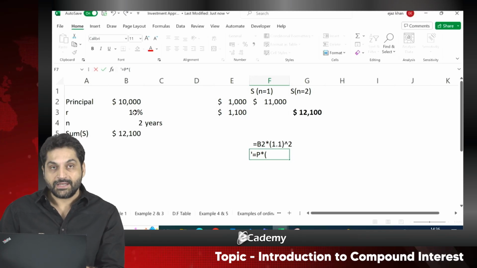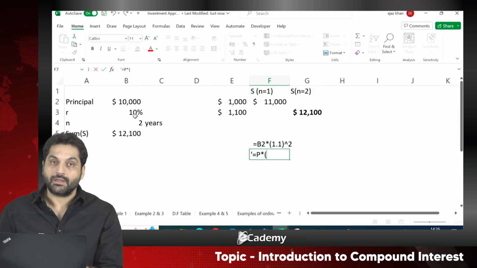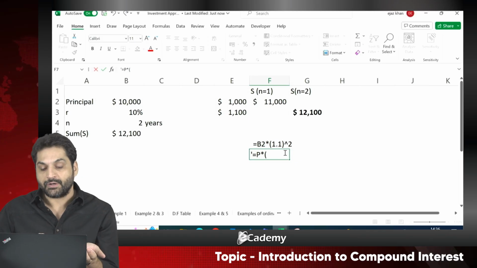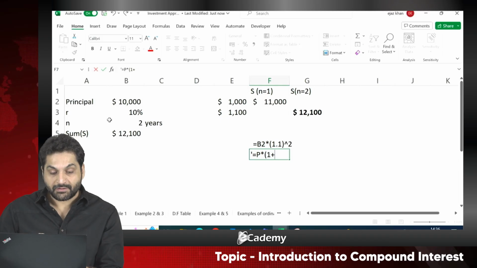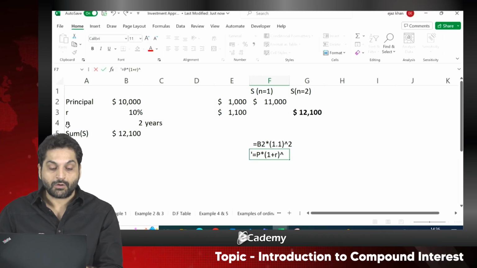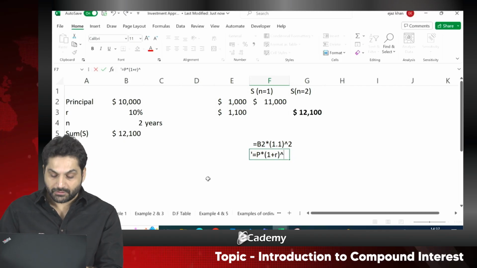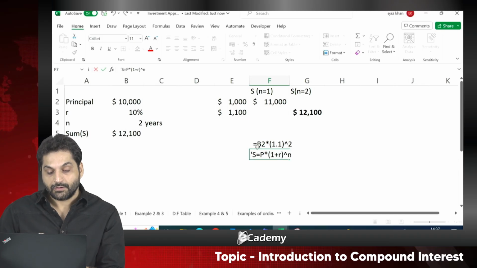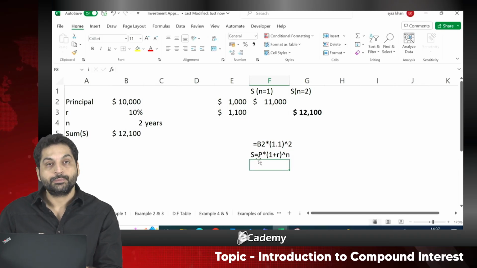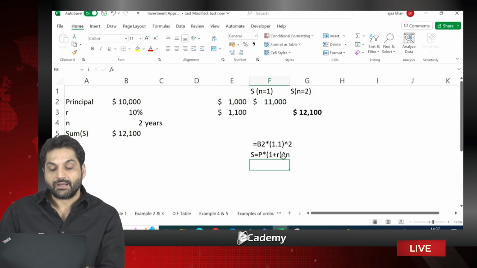So we have added 1 and r together to get the 1.1 figure. So if it was 20%, I would have multiplied it by 1.2. So 1 plus the rate r, and then the power, which is 2 in this case, but obviously every question will have its own time period, so we'll denote it by n. And if we do it, it will give us S. So S is equal to P into 1 plus r raised to the power n.